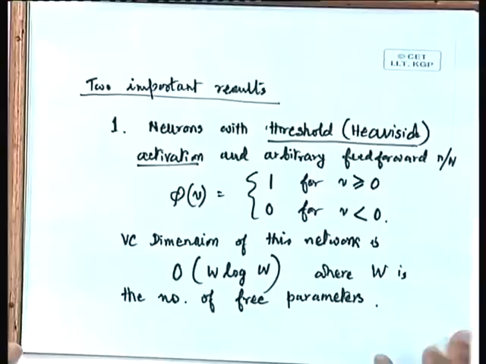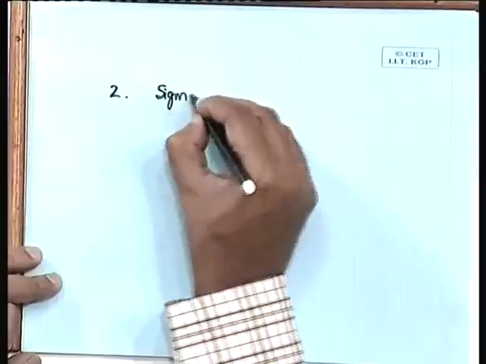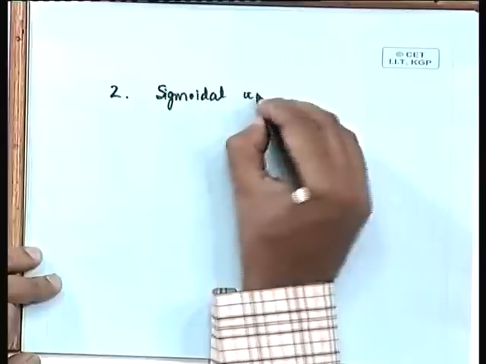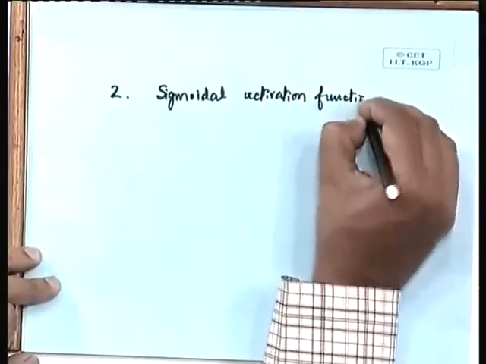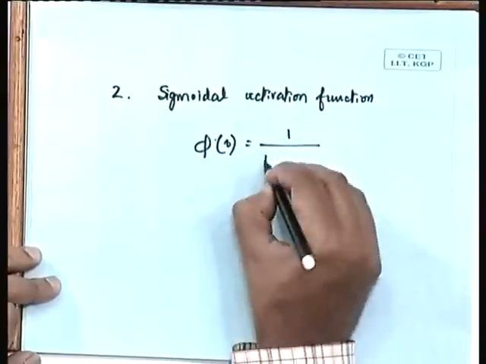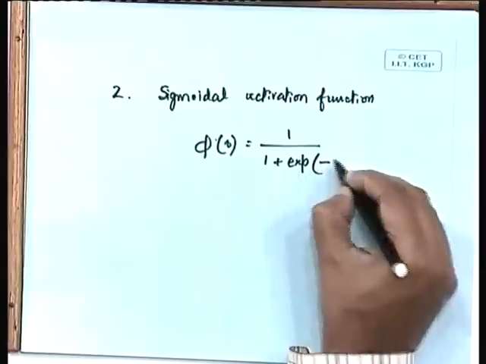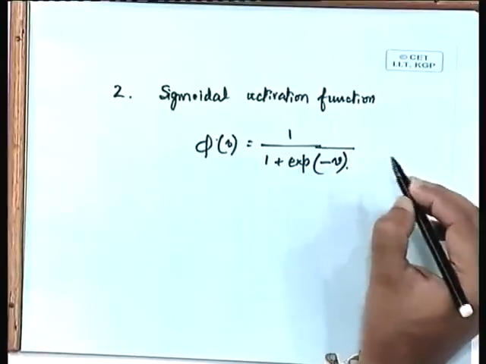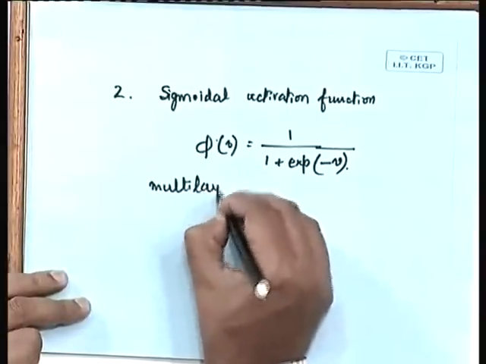Now another important result is when the activation function is sigmoidal. With the activation function of this form, which we had already discussed many times earlier, 1 plus exponential to the power minus aV, or minus V, it's all the same, for the sigmoidal case and for the case of a multi-layer feed forward network.